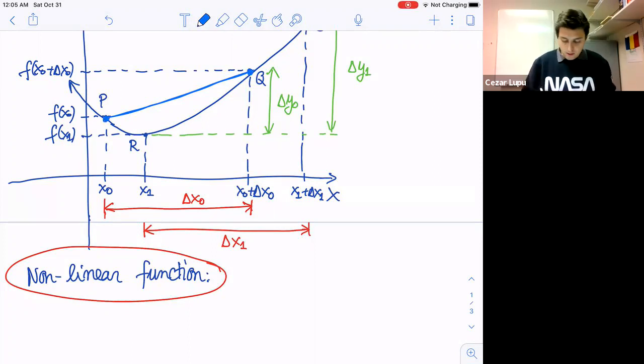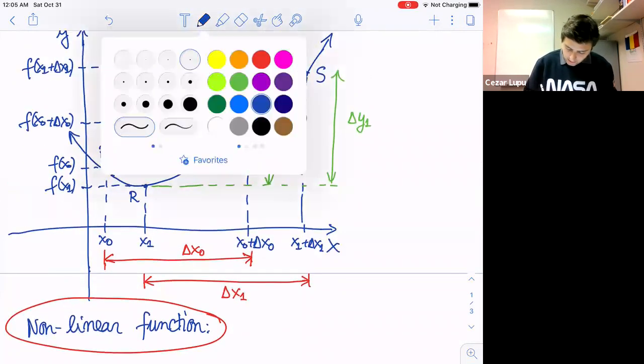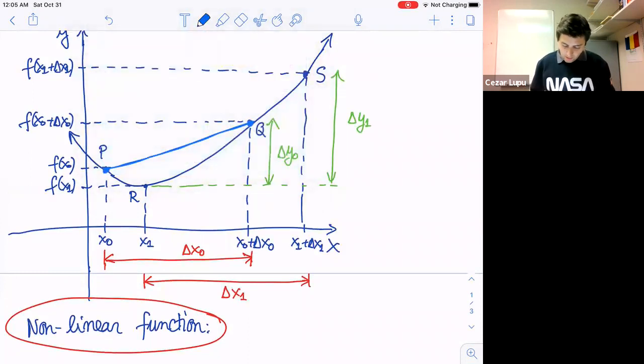Okay. And now, the same thing I will do for this one here. Let me draw this line from R to S, so from here all the way to here.